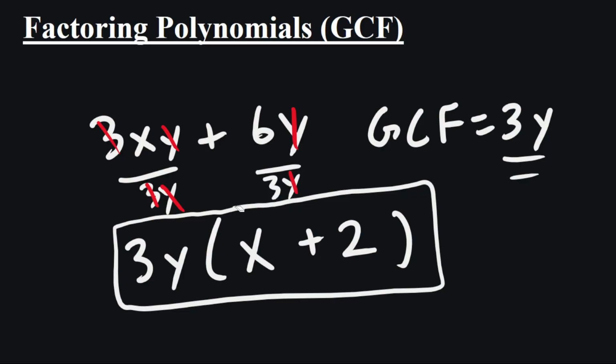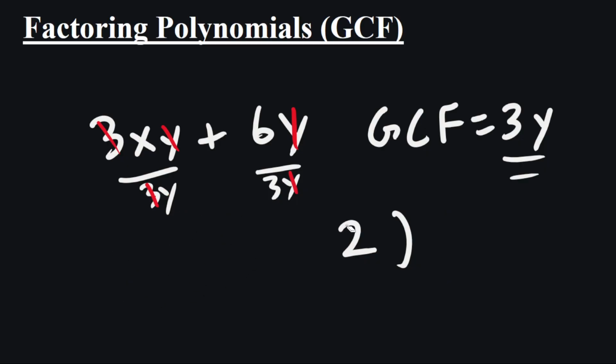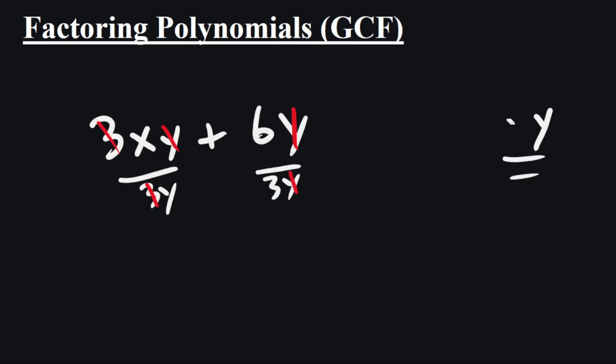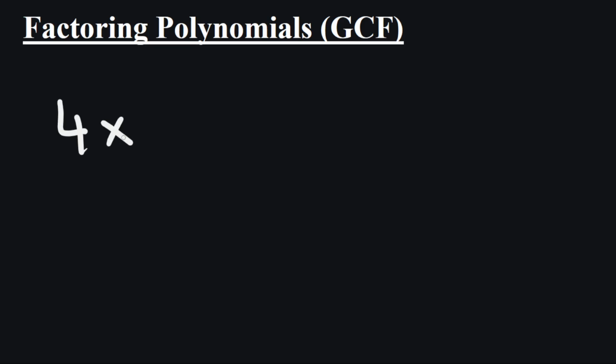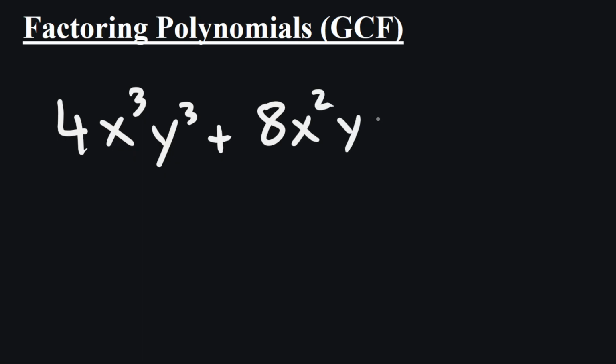And now let's go with an even more complex polynomial to factor using the greatest common factor. So let's erase all these. And let's say we had something like 4x to the third y cubed plus 8x squared y plus 12xy.